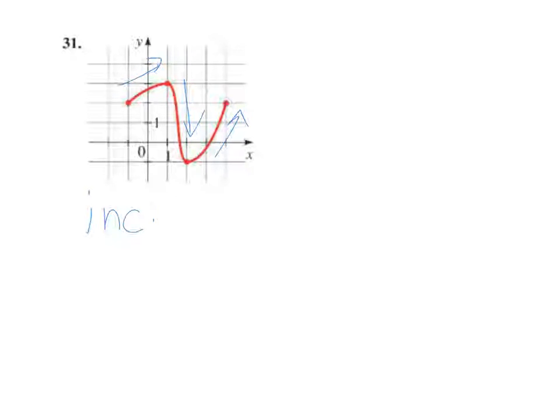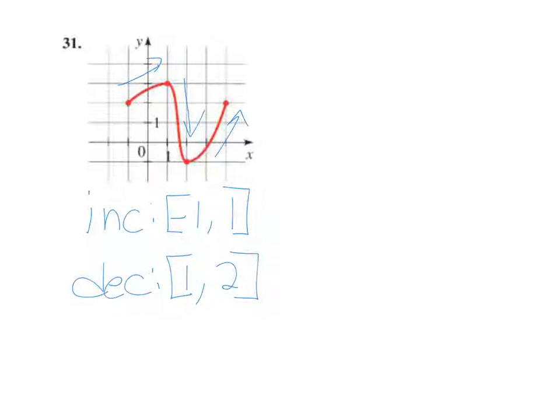It has a definite start at the dot at -1, 2. So the x value is -1, and it keeps going uphill until it hits +1. Then it starts going downhill from the time x is +1 until x is 2. Then we're uphill again from the time x is 2 until x is 4.